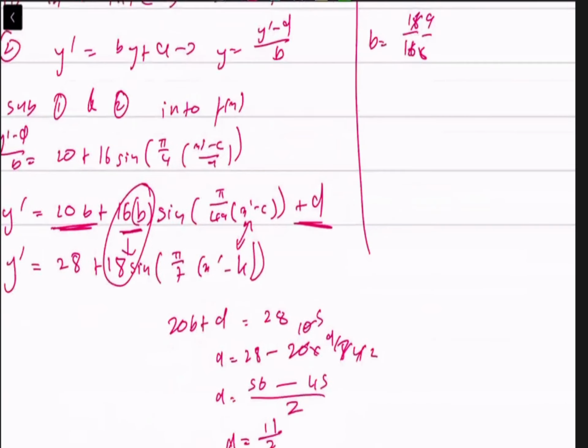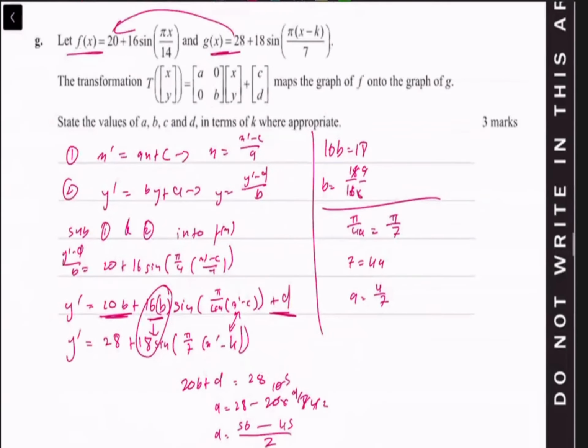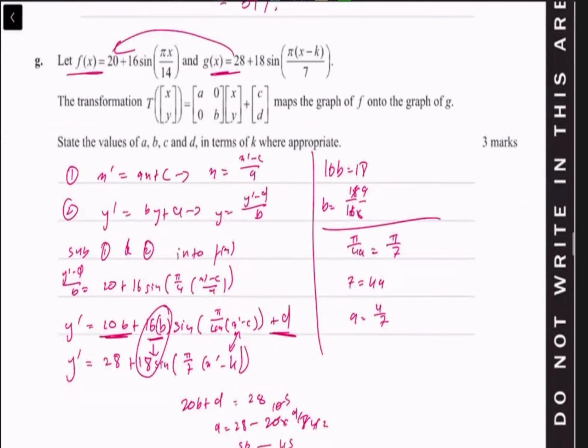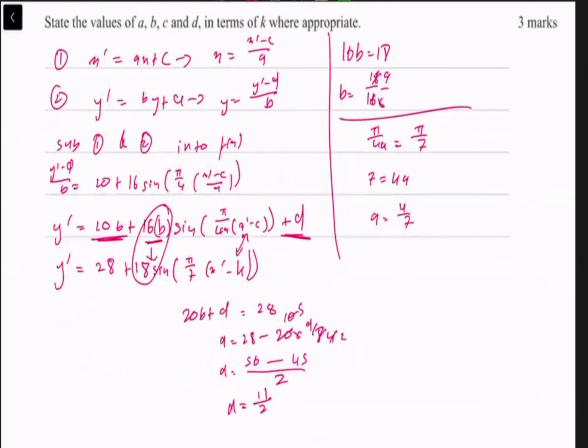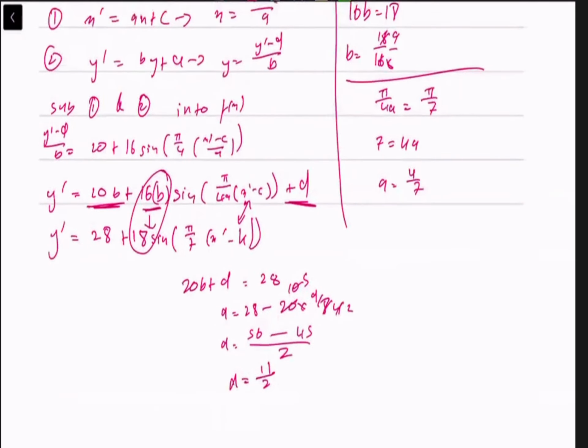If you do pi on 4a and equate it to pi on 7, then you're going to get 7 equals 4a, a equals 4 on 7, which is not true. So I must have done something wrong. If anyone wants to jump in and help me, that would be great. Otherwise, I will stare and figure it out.